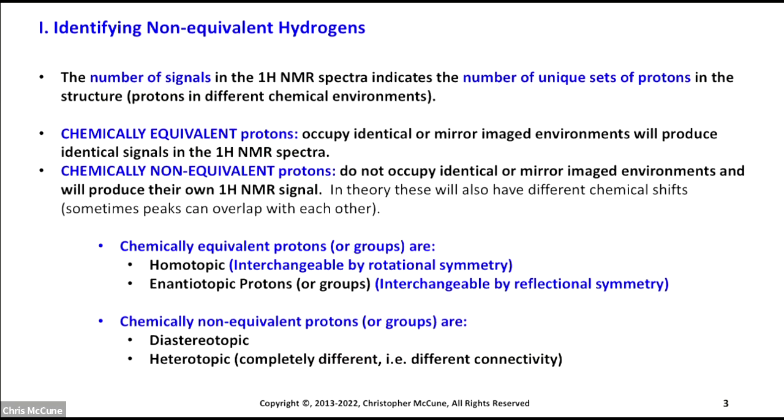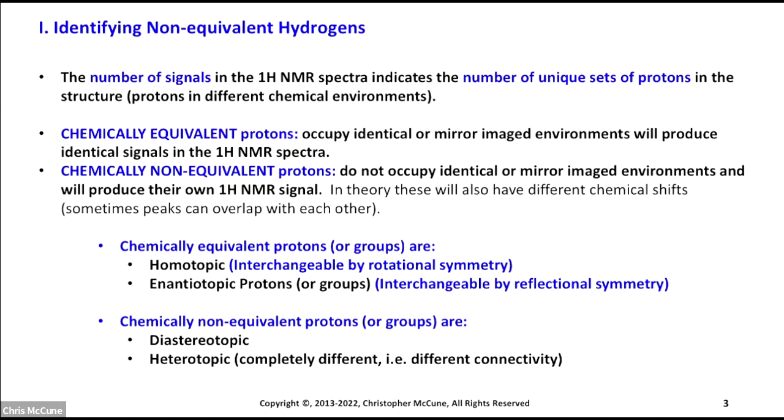So protons in different chemical environments can give rise to different signals, and that's what you're seeing in the NMR. NMR equivalent or chemically equivalent protons occupy identical or mirror imaged environments and will produce identical signals in the proton NMR. Chemically non-equivalent protons are not NMR equivalent, and so they do not occupy identical or mirror imaged environments and will produce their own signal.